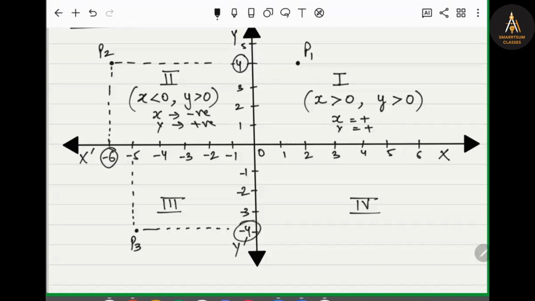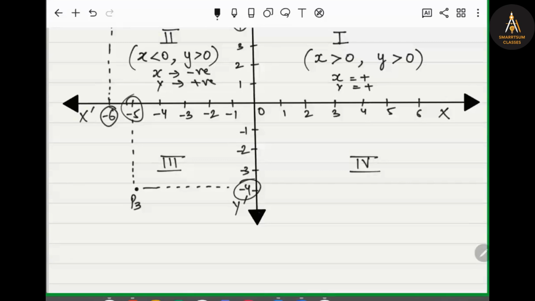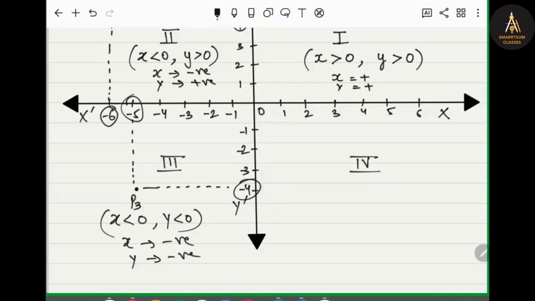The value of y is -4, and the value of x is -5. That means for the third quadrant, the values of x and y are both less than 0. So when both coordinates of a point are negative, it lies in the third quadrant. Is that clear?